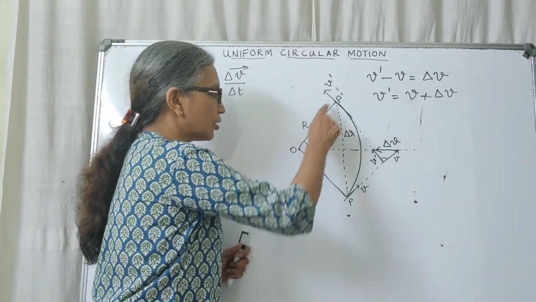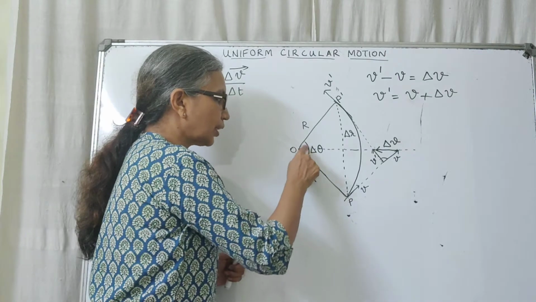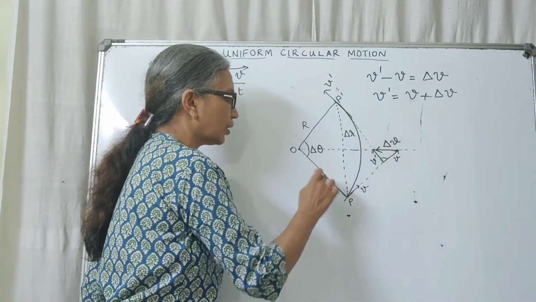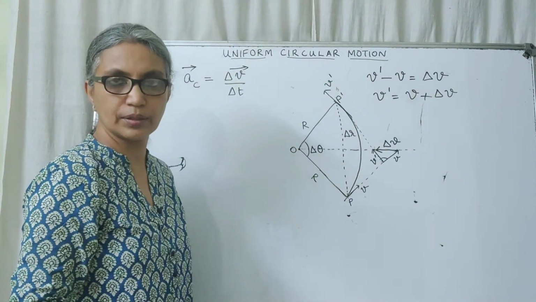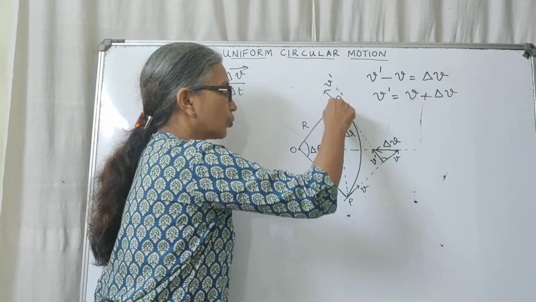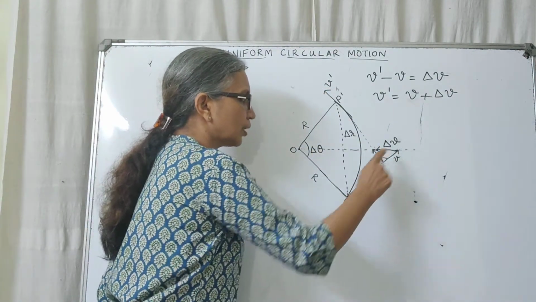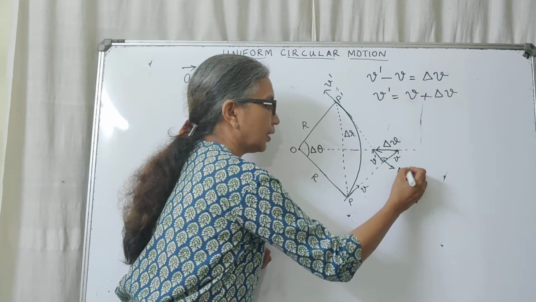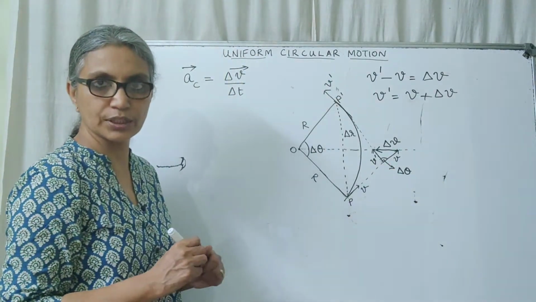So if I take these two lines which maintain an angle delta theta, then their perpendiculars must also have the same delta theta between them. So perpendiculars would be this and this. So the angle between the perpendiculars, this angle will also be delta theta. I'll repeat once more.